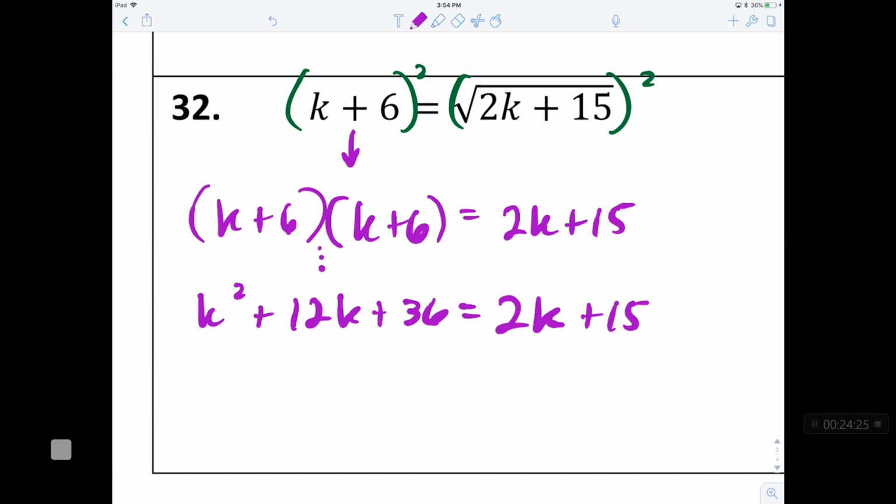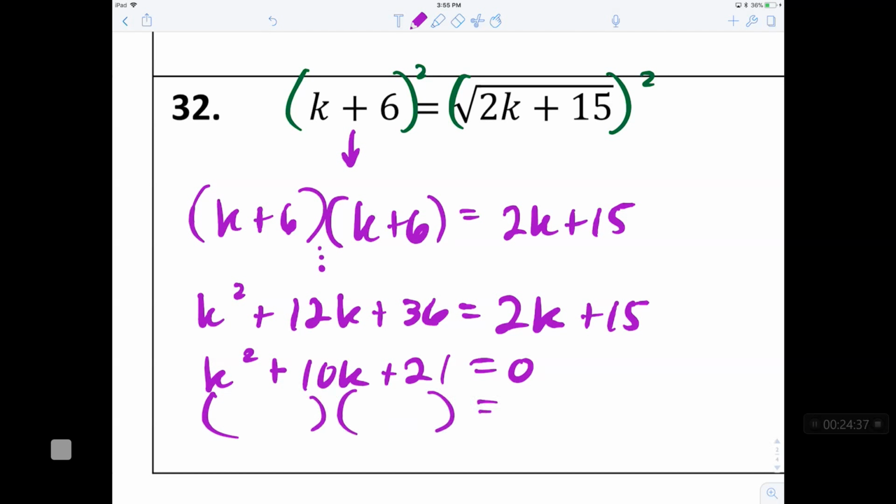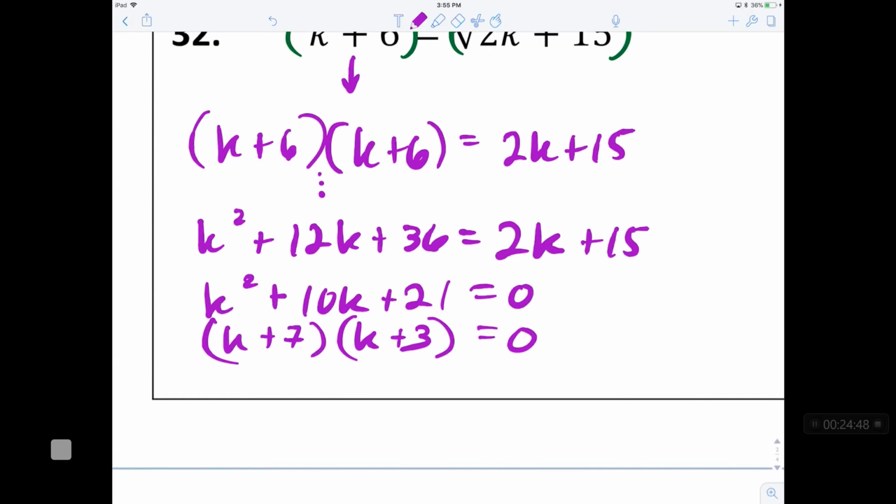I'm going to set everything equal to 0, so I'm going to move the 2k plus 15 over. I get k squared plus 10k plus 21 equals 0. You could maybe try the quadratic formula, but I do notice that these factor out nicely. Okay, so k plus 7, k plus 3.